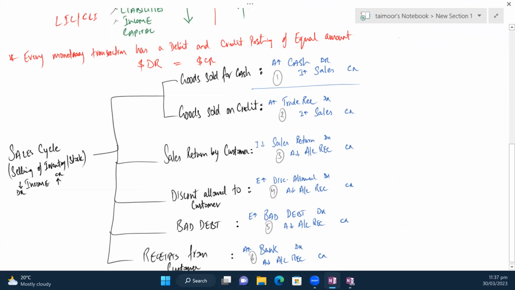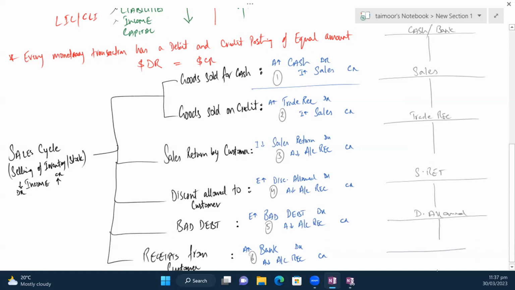तो based on this, हमें सबसे पहले अकाउंट खोलना पड़ेगा कैश और बैंक. फिर हमें अकाउंट खोलना पड़ेगा एक सेल्स का, एक और हमें अकाउंट खोलना पड़ेगा ट्रेड रिसीवेबल अकाउंट रिसीवेबल का, एक अकाउंट खुलेगा सेल्स रिटर्न का, एक अकाउंट खोलेगा डिस्काउंट अलाउड, and finally एक अकाउंट खोलेगा which is our bad debt, right?